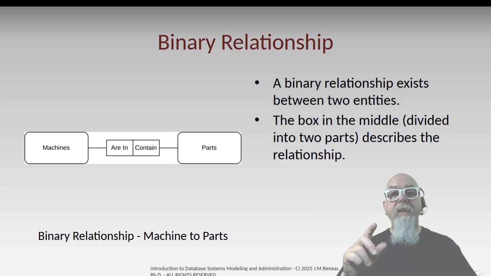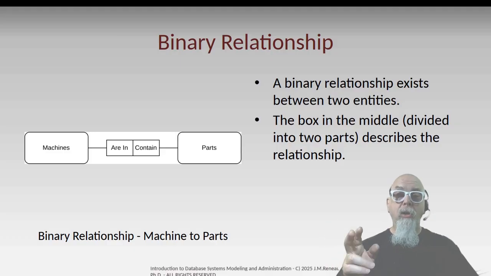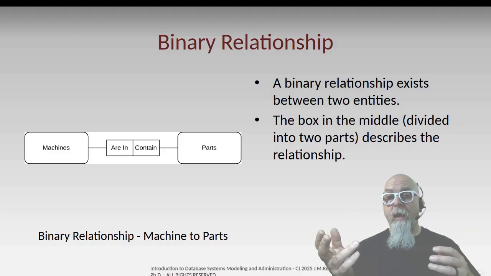Now, this is a simple relationship, but you can see that a machine is made of parts, and parts are used to build machines. You could have used different words, as long as they're clean and meaningful and make sense, you can see how machines and parts have a relationship.